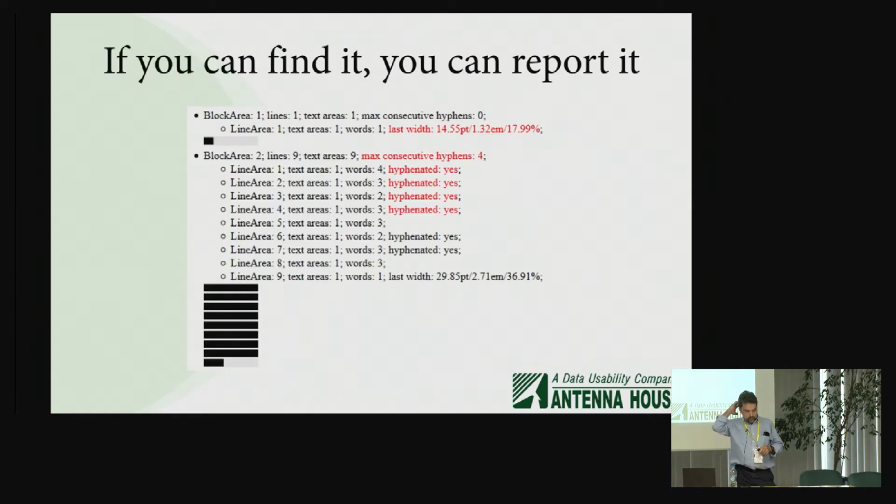This, for example, is an early HTML version of the report. It indicates, for example, that an area has 4 lines in a row that end with a hyphen, and the last line of the block area was too short.